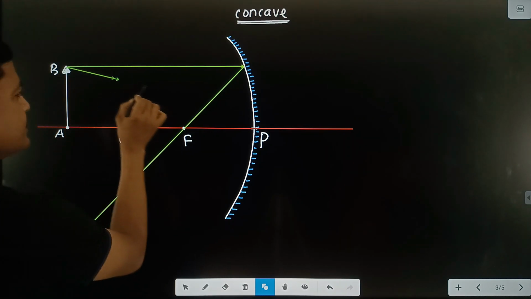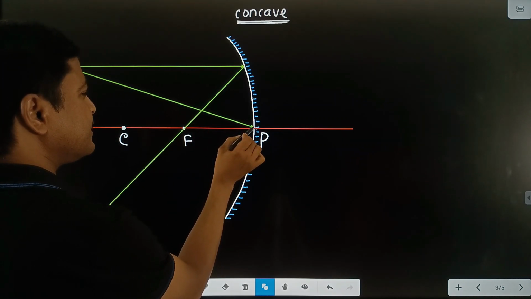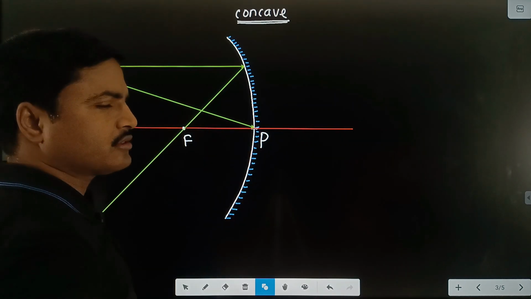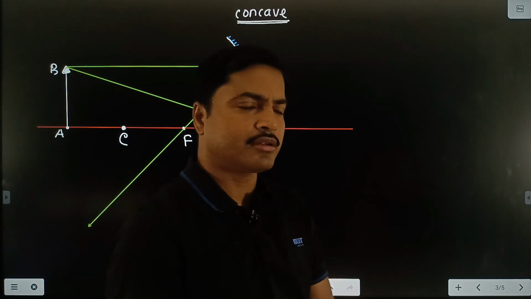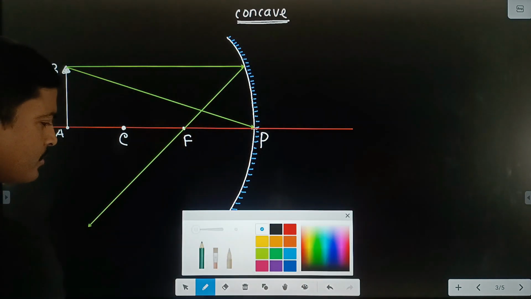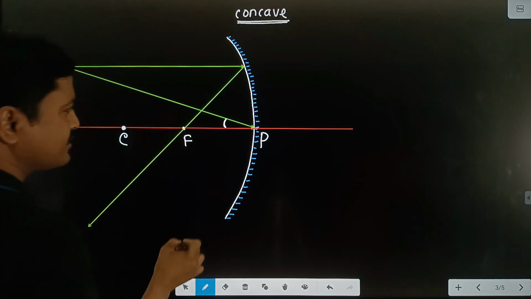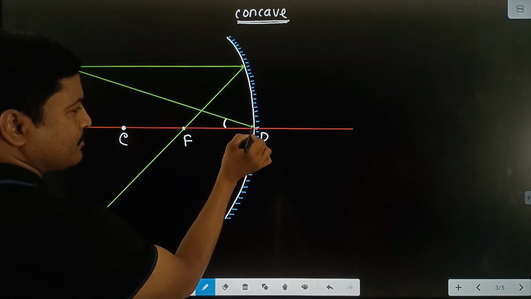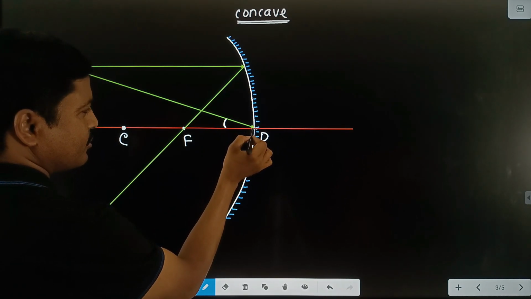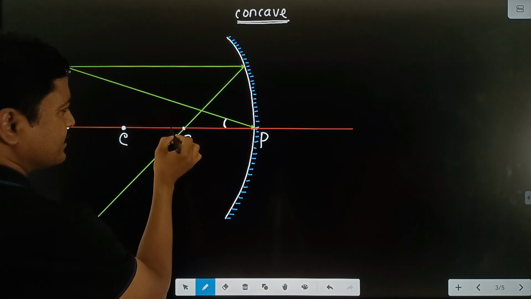Similarly, another incident ray moves towards the pole of the spherical mirror. This is the angle of incidence, because at point P, the point of incidence, you draw a normal, and the normal is the principal axis.